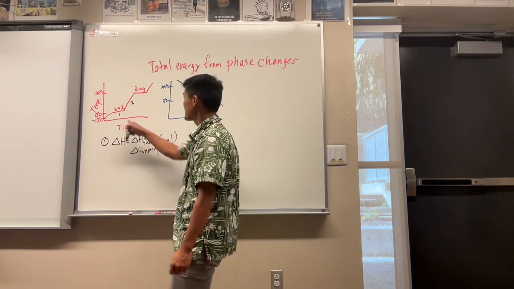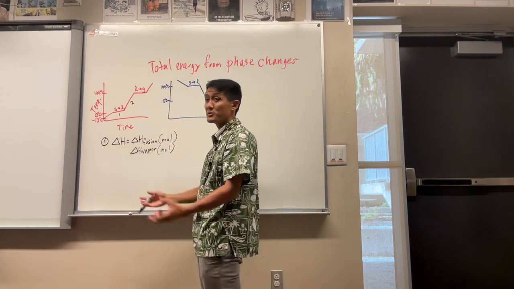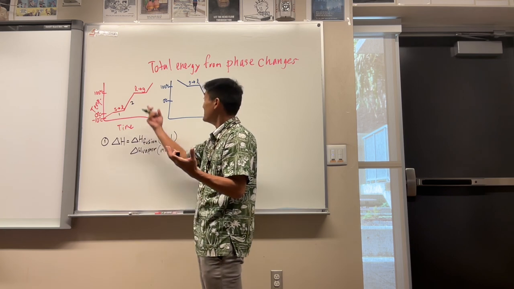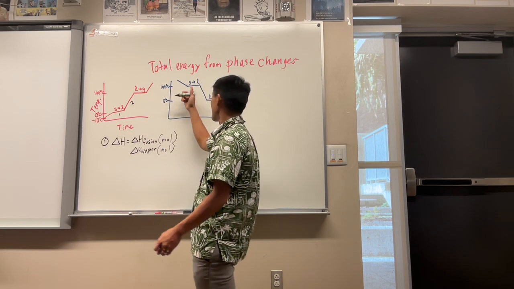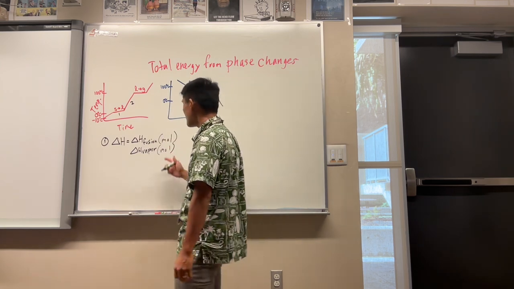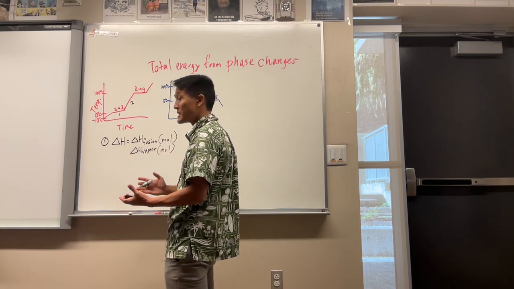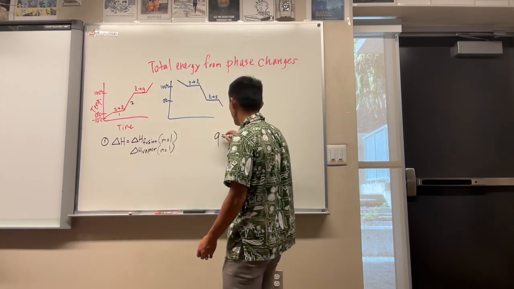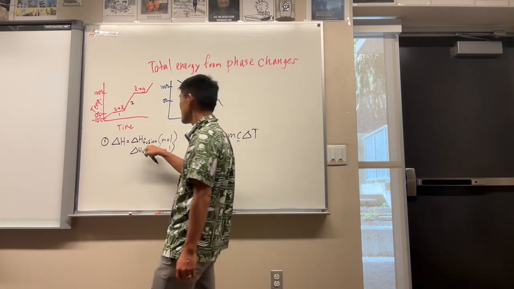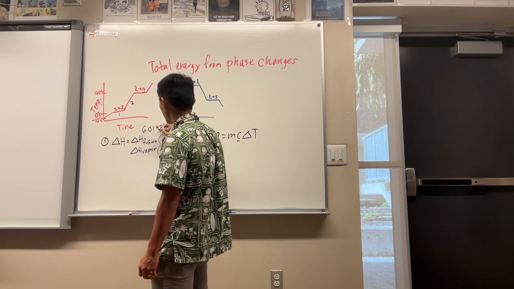You use fusion whenever it's solid to liquid or liquid to solid, whenever it has to do with ice. You're fusing the molecules together, you can think of it that way. Vaporization is when it turns from liquid to gas, or vice versa, gas to liquid. Whenever it has to do with gas, we use vaporization. This number, delta H fusion, is a constant, kind of like C is a constant in Q equals mcΔT. So delta H fusion is always 6.01 kilojoules per mole.